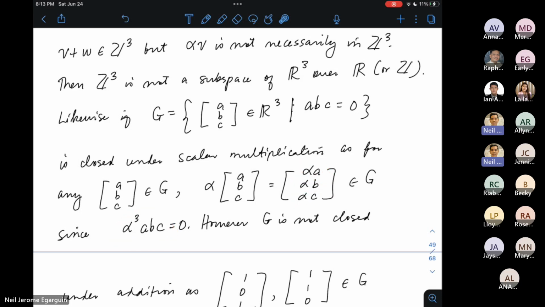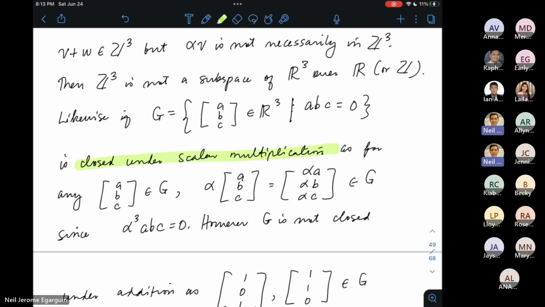Pero alam ko yung ABC ay equal kay 0, so yung alpha cubed times 0 ay equal pa rin kay 0. So itong scalar product na to ay na kay G pa rin. Kasi ito times ito ay equal rin kay 0. Okay? So we can say that G is closed under scalar multiplication.